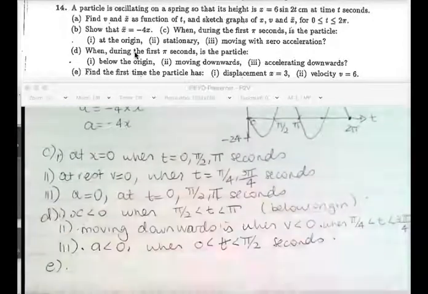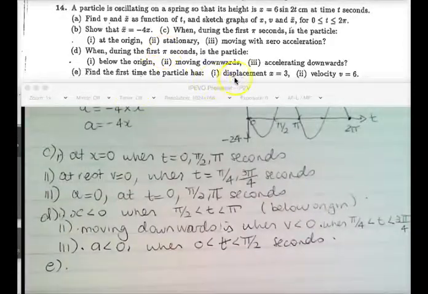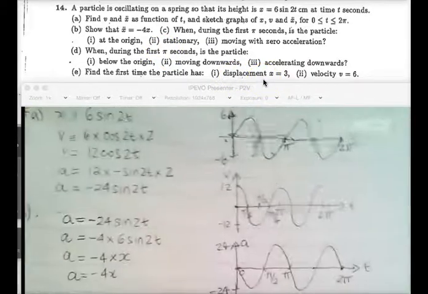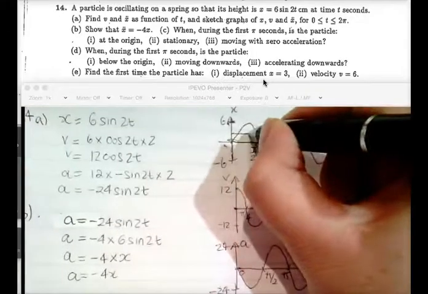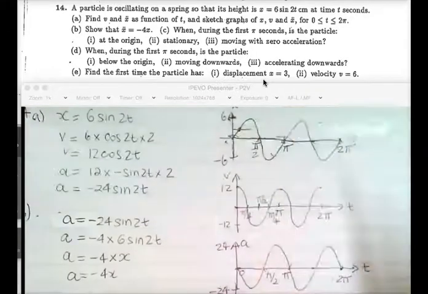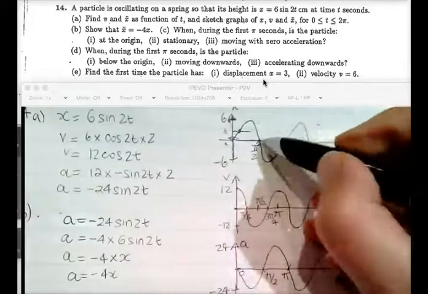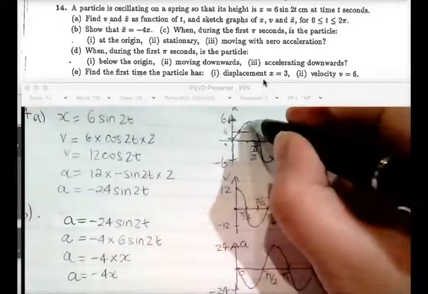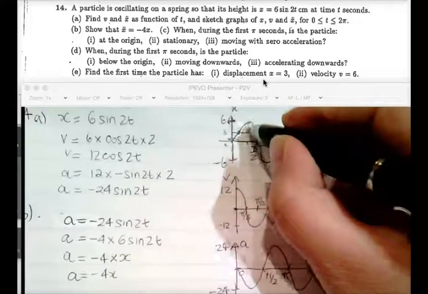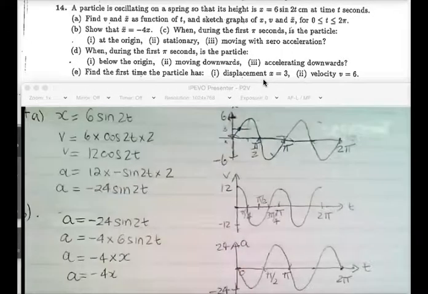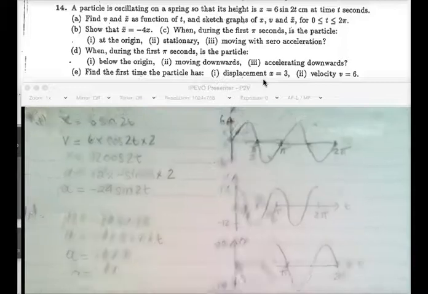Now for part E, find the first time the particle has a displacement of x equals 3. So displacement x equals 3 would be here, and that's the first time when the displacement is x equals 3. And we know it's got to lie, if this is pi on 2, the peak's pi on 4, it's before pi on 4 seconds.